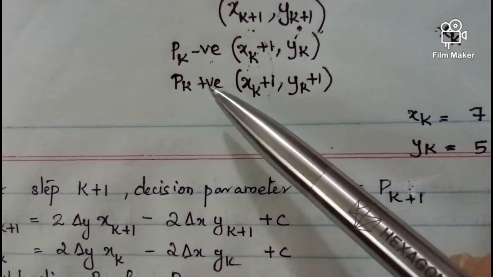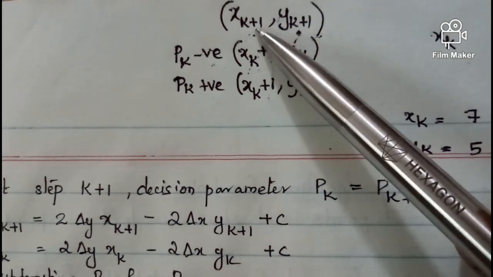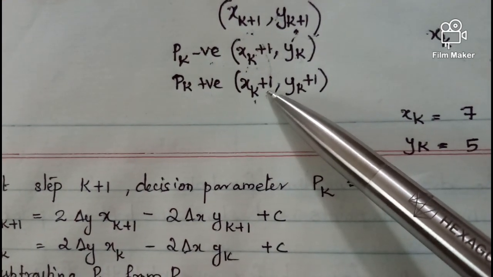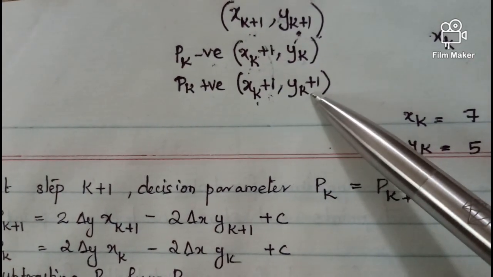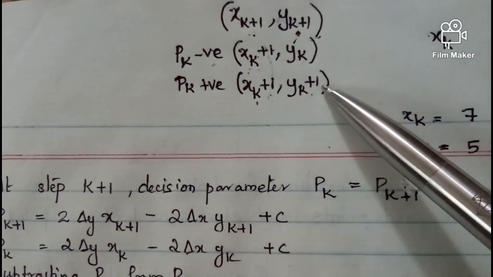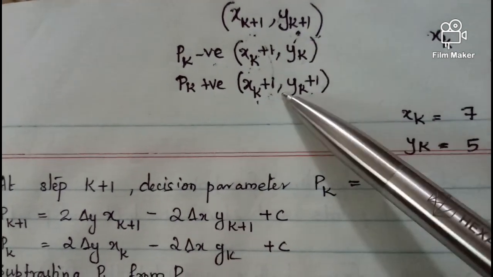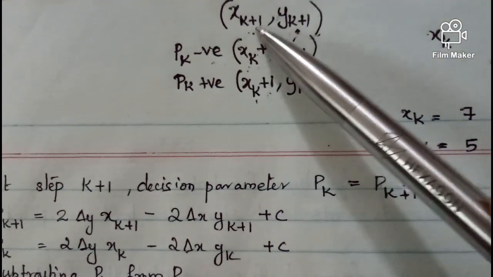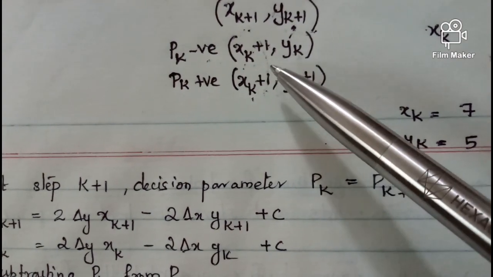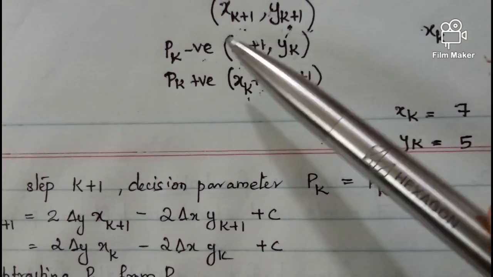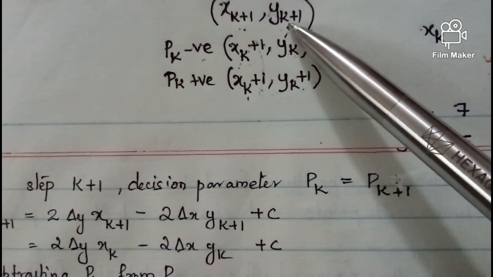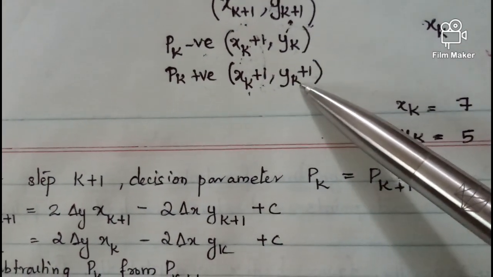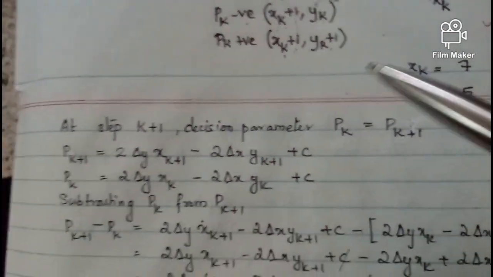And if pk is positive, then the next value of x will be the current value of x plus 1, and the next value of y will be the current value of y plus 1. So in both these situations, whether pk is positive or negative, the next value of x will always be the current value of x plus 1. But in the case of y, the next value of y can either be the current value itself or the current value plus 1. Clear?